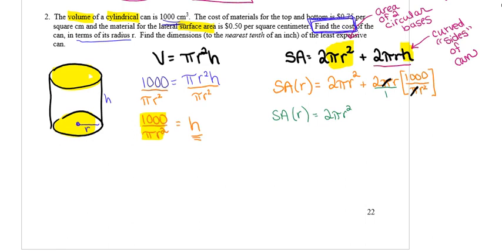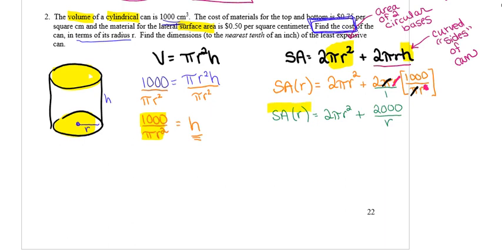I've got an r that's a factor in both the numerator and denominator, so I'll remove one from the numerator and one from the denominator. So it looks like when I simplify the second piece of this formula, I've got 2,000 in the numerator, and I've got 1 times r, or r, in the denominator. So that's my surface area in terms of the radius.